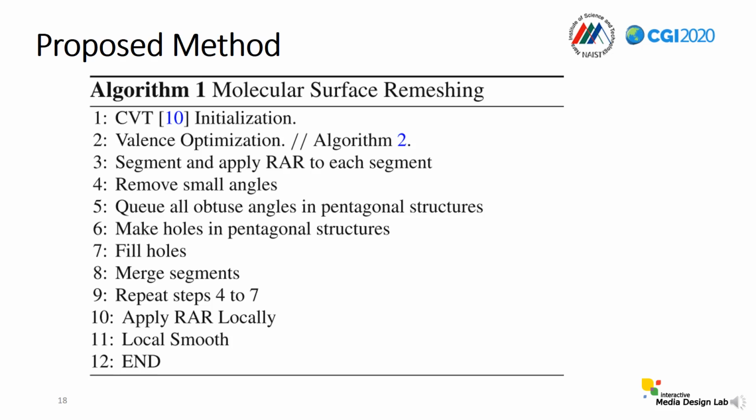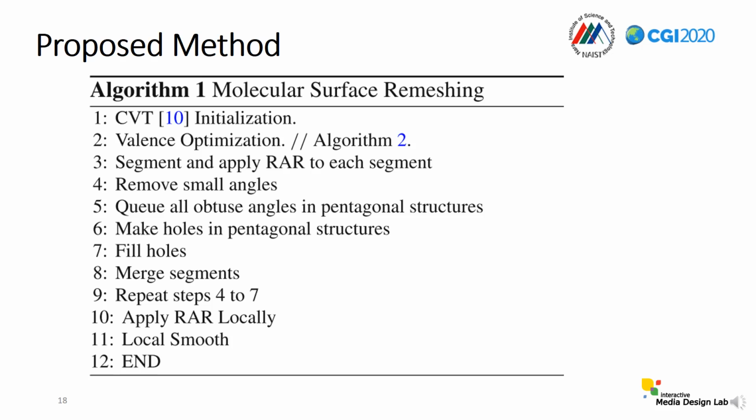We also have small angle improvement, and we also improve the maximal angle using steps 5, 6 and 7. These are used for maximal angle improvement and removal of obtuse triangles.